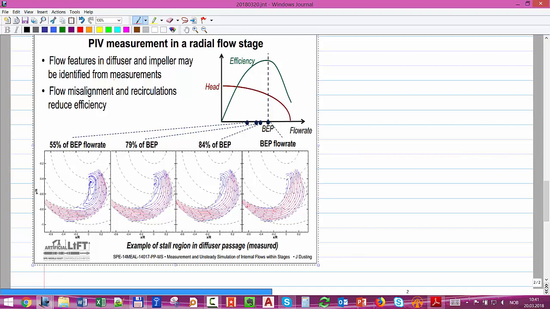That's what happens when you operate outside the best efficiency, and that becomes worse and worse. At the end here, you have a big pocket of recirculation of eddies that dramatically reduce the passage of your flow. So that's one thing to consider, the reduction in efficiency.